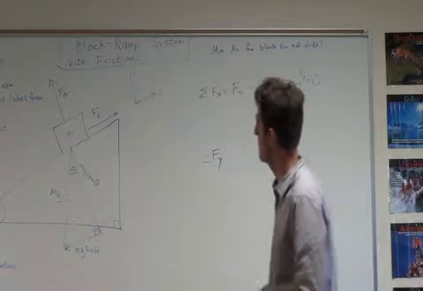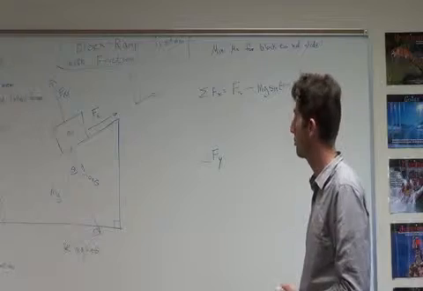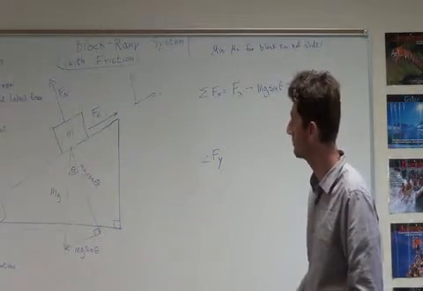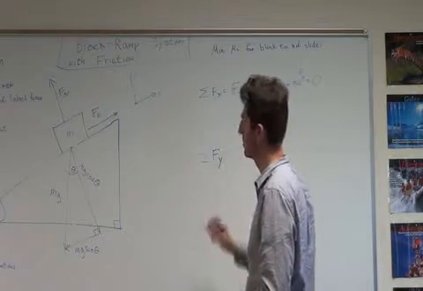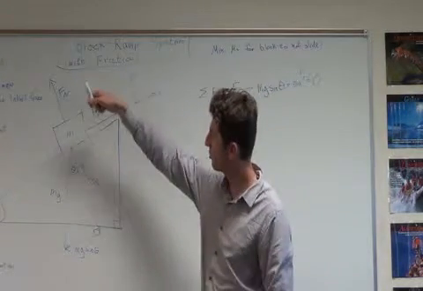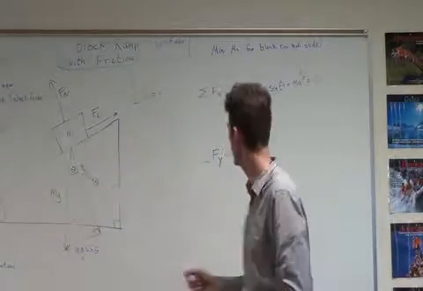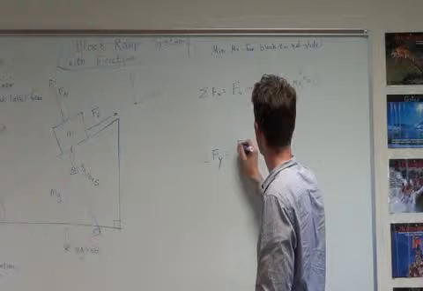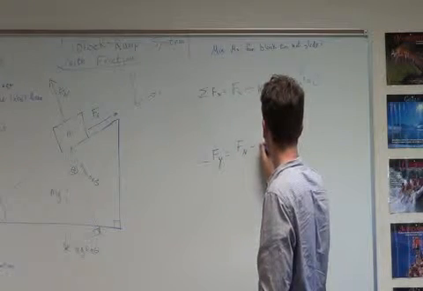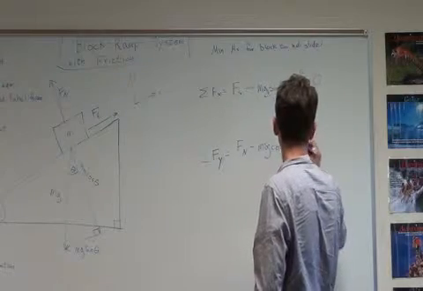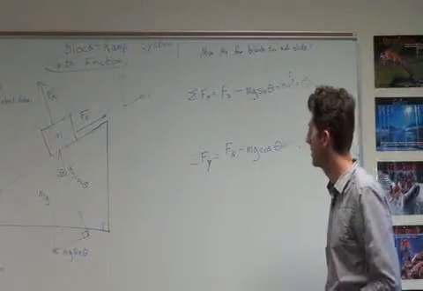Now we'll do the sum of F sub y, all the forces in the y direction. That has to be equal to 0 as well. So we'll say that the normal force minus mg cosine theta has to be equal to 0. Okay, great.